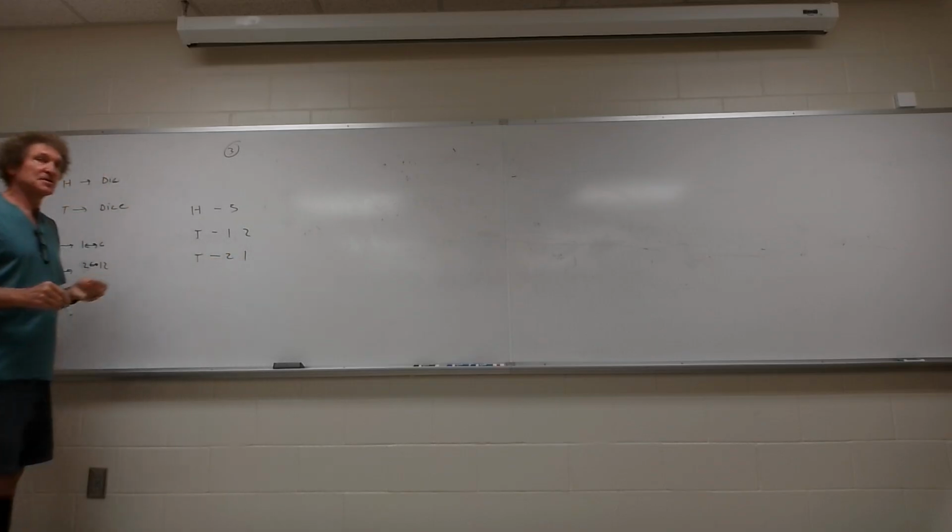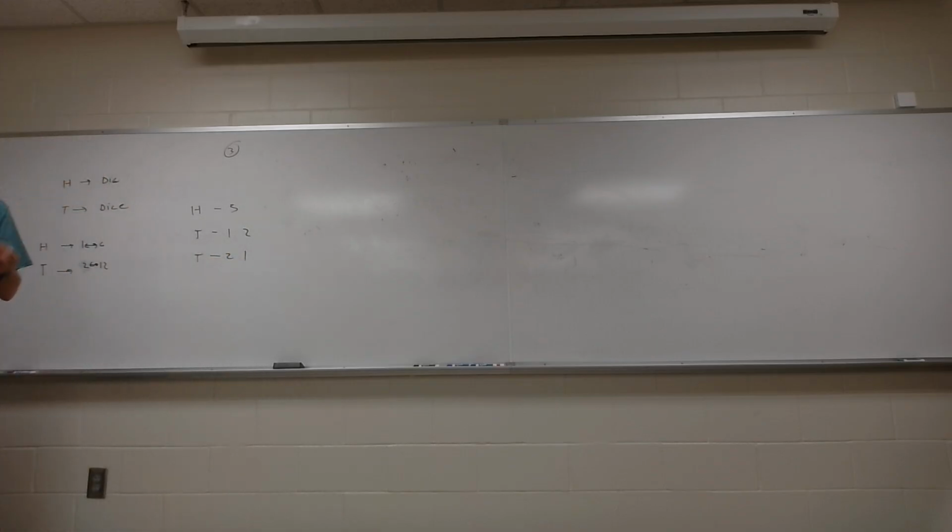But you can't have a 0 and a 3 because dice are always numbered 1 to 6. At least that's an assumption. Everybody agree with this? Each one of these outcomes is equally likely, right? So the probability of any of these is going to be 1/3.